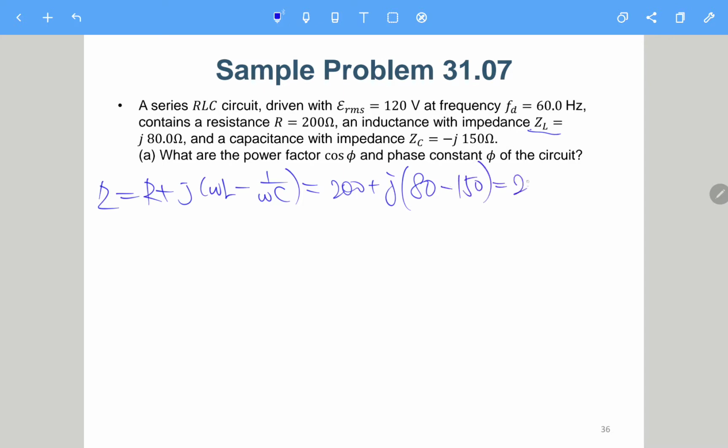So we get 200 minus j70. This is the impedance of the RLC.